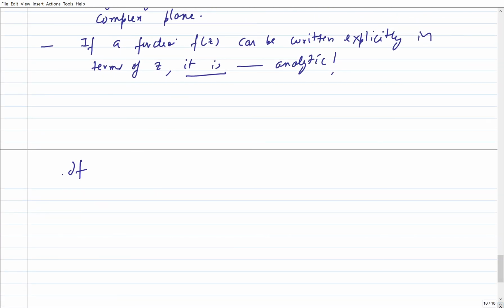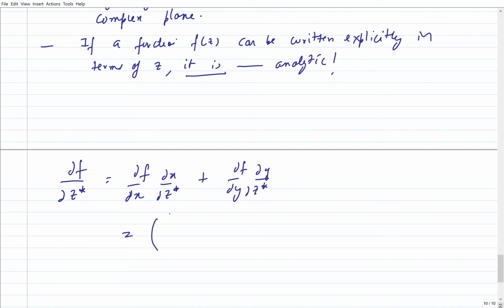And how do I see that? Well, let me calculate the partial derivative with respect to z star, which is the complex conjugate. And that, by the chain rule, I get these terms, and if you evaluate this, this gives me the following conditions, times 1 over 2.